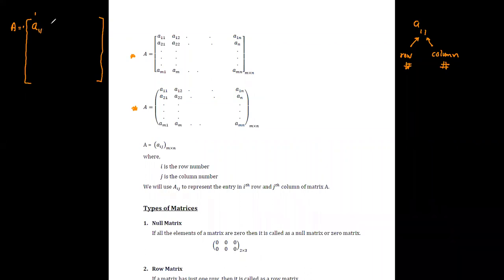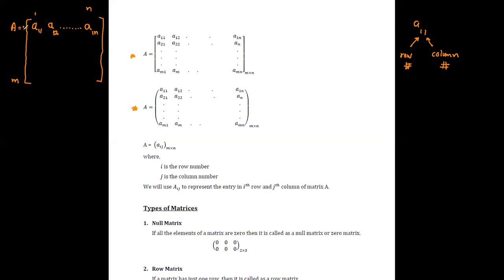If you move further, I will get this as A12, the element in the first row, second column. Likewise, if there are m rows and n columns, since we are still in the first row but in the nth column, the element at this point is A1n.